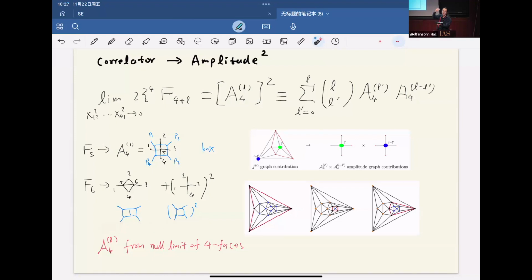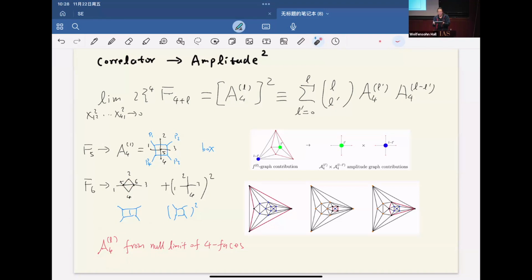These are the 2 possible inequivalent 4 points you can choose to take the light-like limit. And also, you can see from here that it's very direct to take just the piece with L prime equals L, which is the L loop amplitude, not amplitude squared, because all you need to do is to take the 4 points that have no points inside.